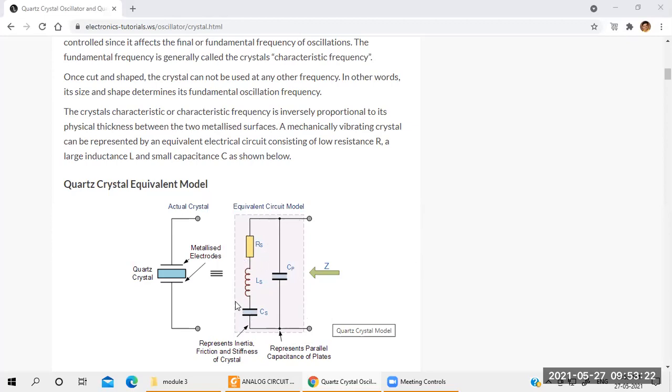Inertia, friction, and stiffness of the crystal. This means the quality of the signal is very high in terms of inertia, friction, and stiffness. So here the quality of the signal is very important. They will call it the Q factor here.